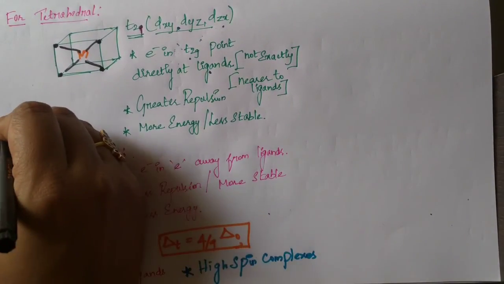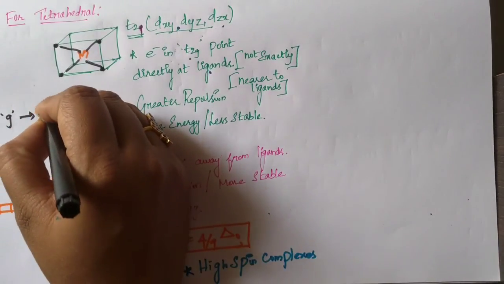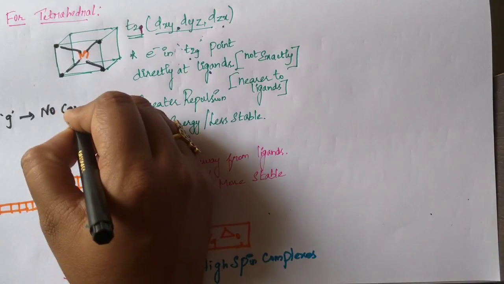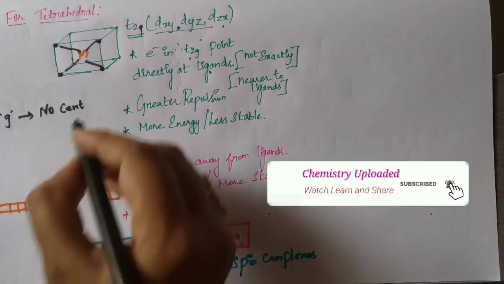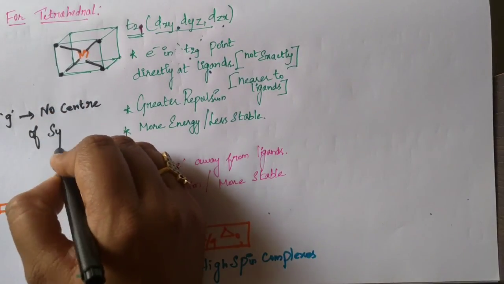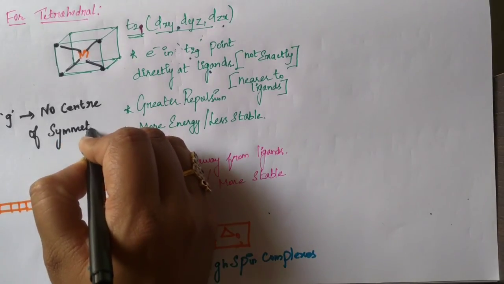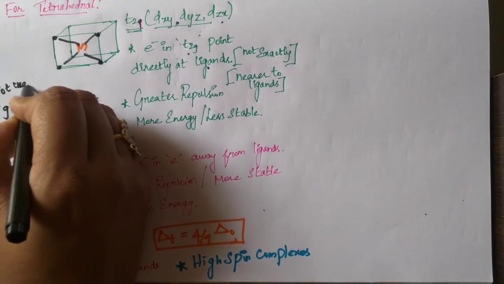This point is more important. No g means no center of symmetry. You should not use it.